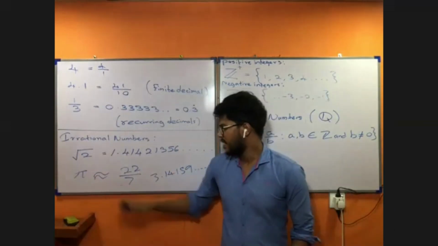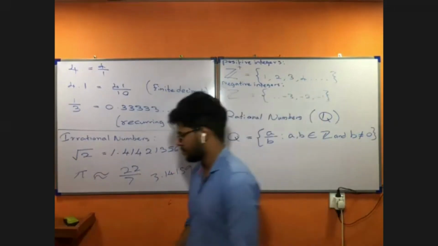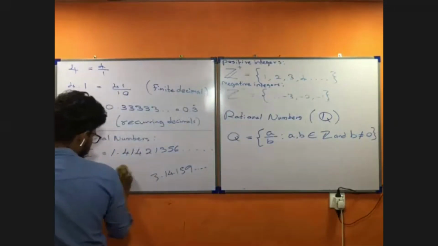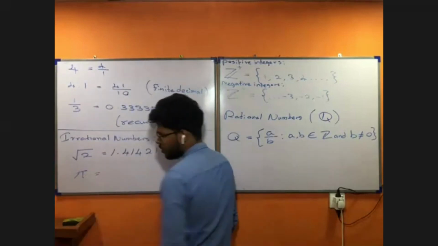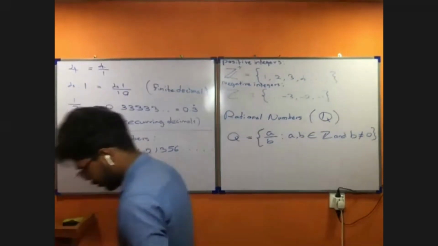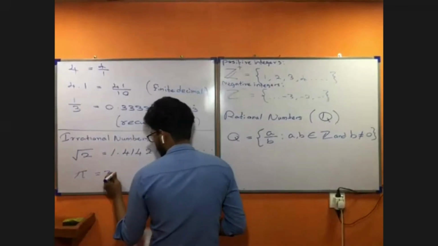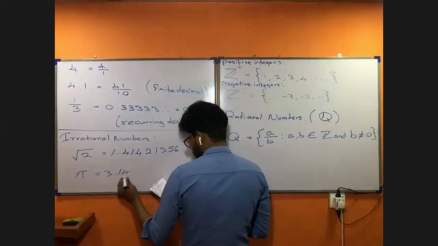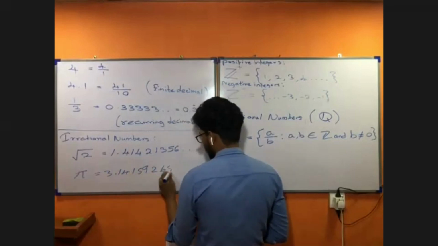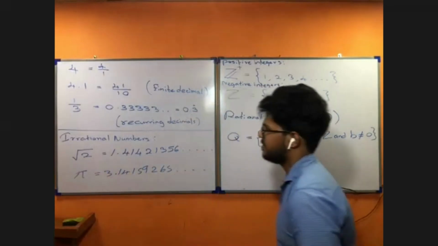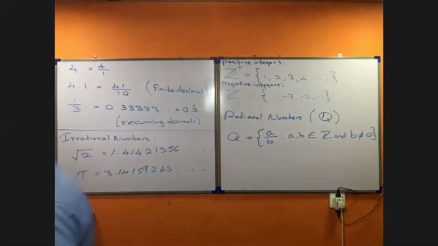So pi is an irrational number, I'm sorry. Even though we use it as 22/7, it is not equal to 22/7. It is actually equal to 3.14159265, like this. Pi is an irrational number.